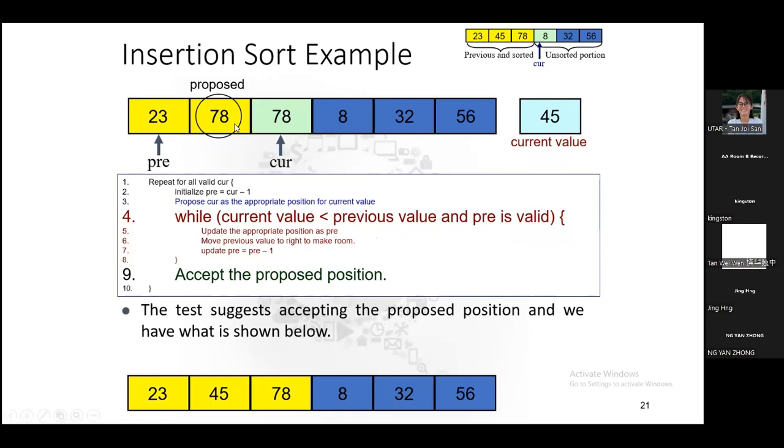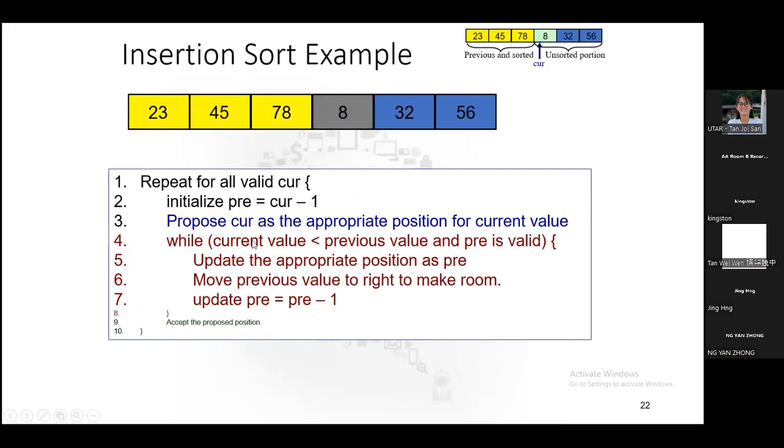So then we know which position this is, actually in between 23 and 78. Only then will we accept the proposed position, replace it and perform the swapping. This is how it actually works.